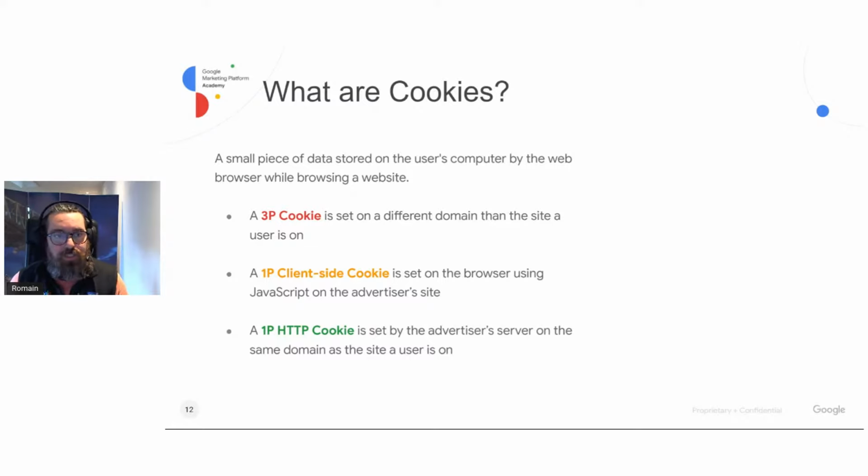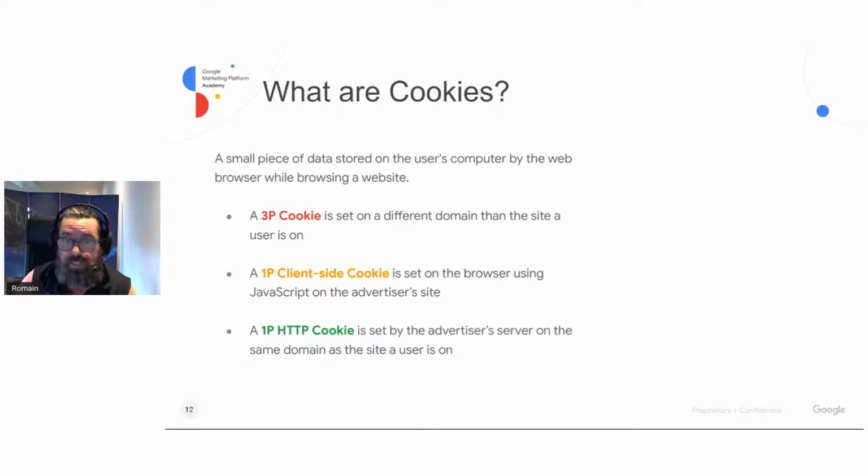And on the client side, we also have HTTP cookies, so first-party HTTP cookies that are set on the advertiser's, the client's, domain. Same as a first-party cookie, just instead of being set through JavaScript, it's set through the server. It's a little bit different because JavaScript can't access HTTP cookies, so those cookies are just managed on the server side.